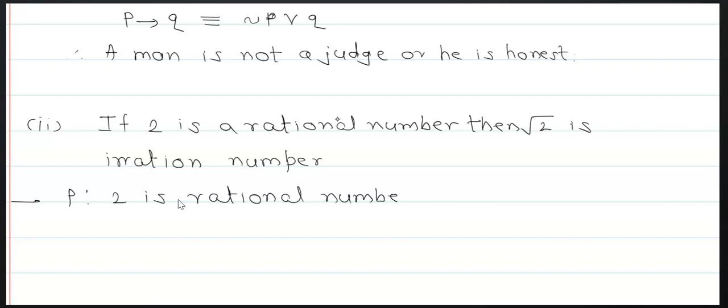First is P, 2 is a rational number. Q, root 2 is irrational number.